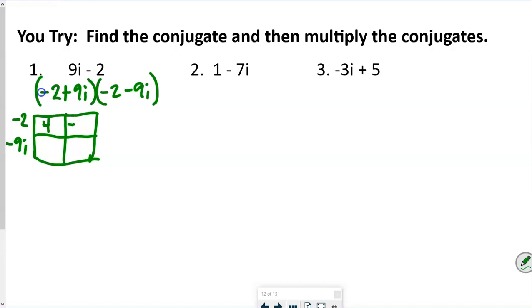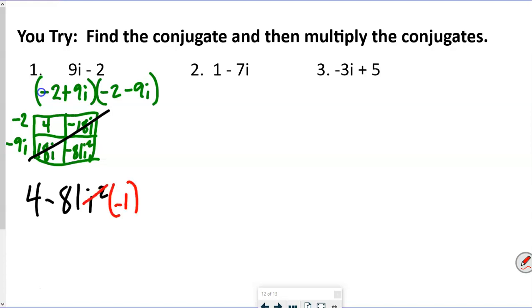This is going to be negative 18i. This is going to be positive 18i. Then we've got negative 9i times 9i, so this is negative 81i squared. Again, canceling out, right? So we got 4 minus 81i squared. That becomes a negative 1, so this is 4 plus 81, which is 85.